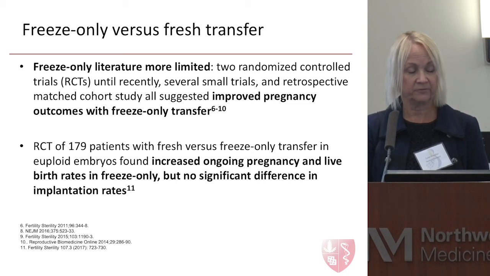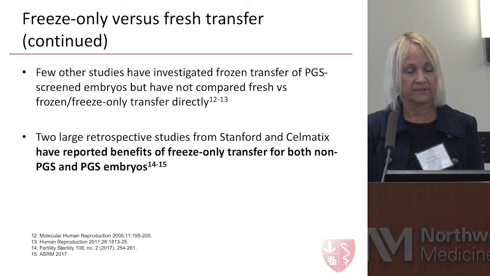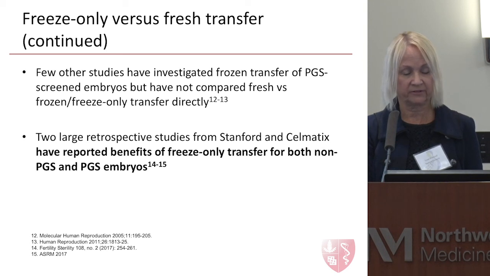And then there was one randomized control trial of patients who had euploid embryos and showed increased pregnancy and live birth rates in that group too. So there have been few studies investigating frozen transfer of PGS screened embryos and have not compared fresh versus frozen freeze-only directly. So there are 2 studies that I'll discuss where we looked retrospectively at both non-PGS and PGS screened embryos.